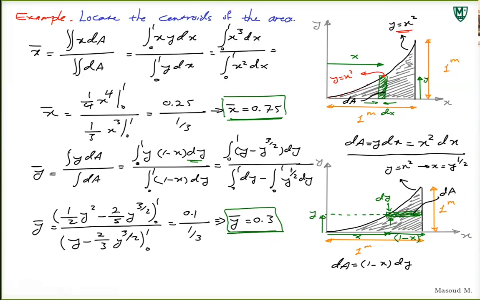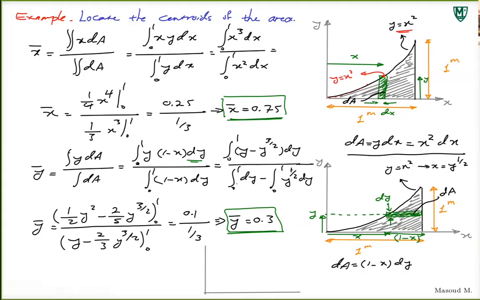So if the xy coordinate system is placed where it is right now, the center of area, or centroid, for this area is going to be somewhere. I don't want to draw this again, just very quickly.